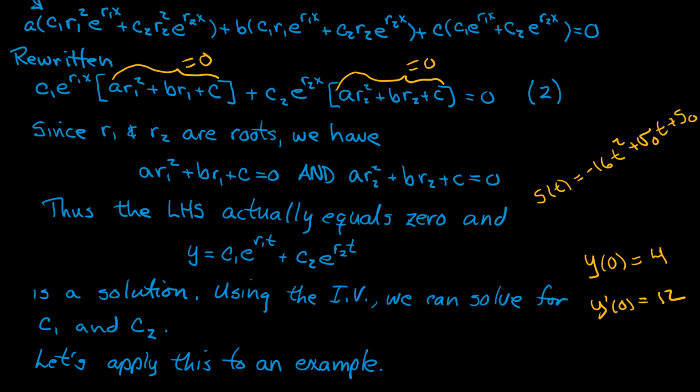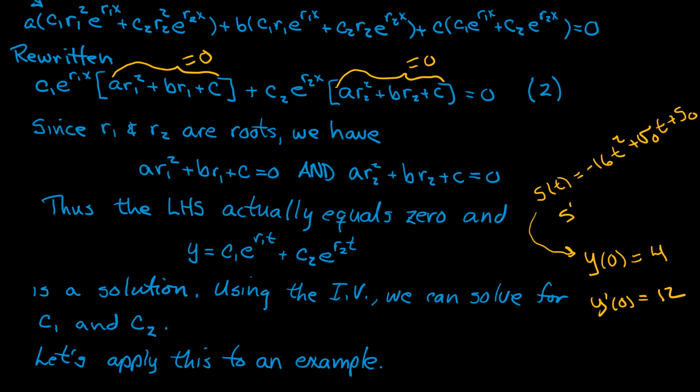Here, the original equation describes the height, and y sub 0 would be the height at the start. When we take the derivative of this, it's going to be a measure of the change in position. This describes the velocity. This second piece of information would be used in the velocity equation.